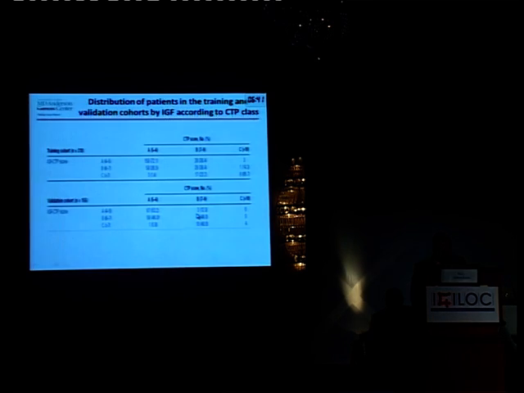So let's now look at the distribution of patients according to the old versus new. Here, this is the old Child-Pugh A patients, and then this is the new score. So Child-Pugh A patients were divided into new A, new B, new C. This is the training cohort.